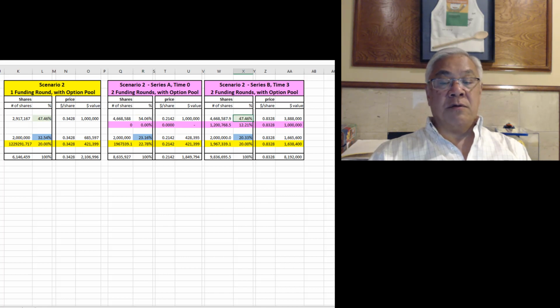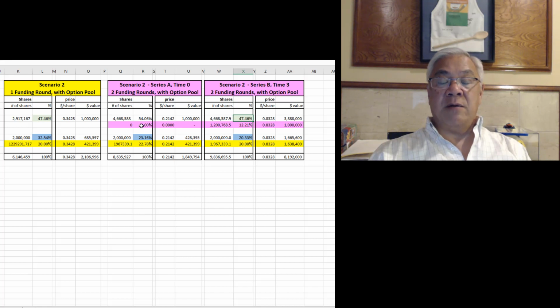So this whole sequence was designed so that the Series A investors would accomplish their required rate of return of 50%, which needed 47%.